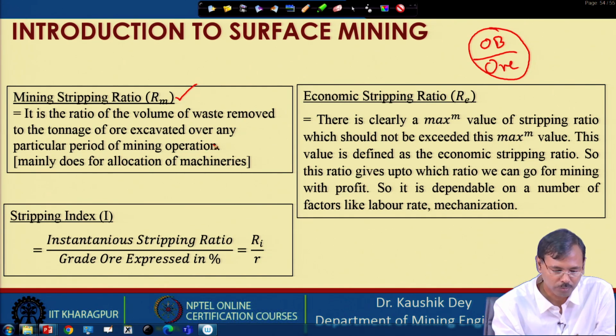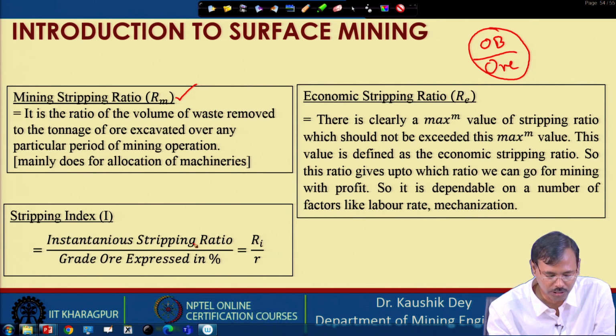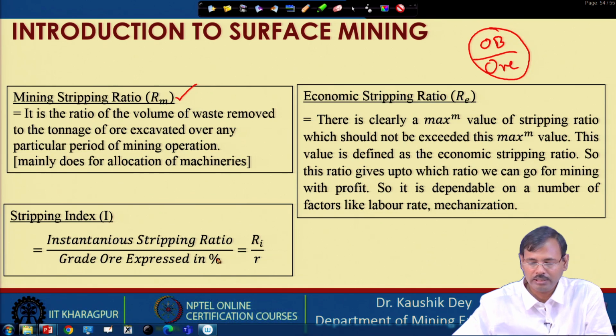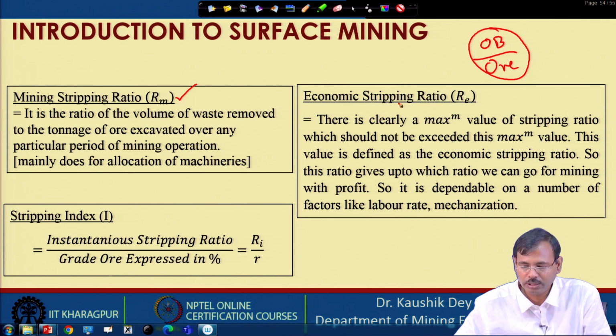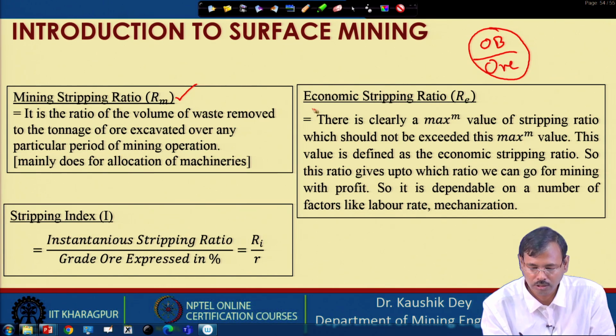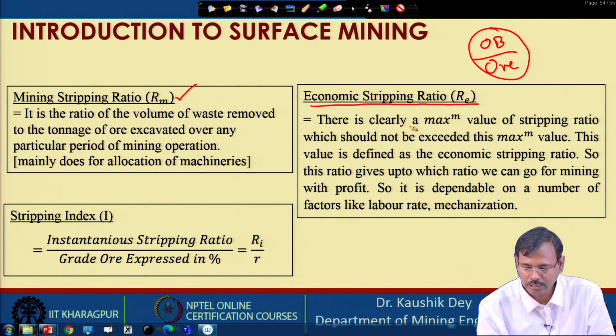There is another term which is used, called stripping index. It is the instantaneous stripping ratio divided by the grade of ore expressed in percentage, that is called stripping index. And the economic stripping ratio, it is clearly a maximum value of stripping ratio which should not be exceeded.